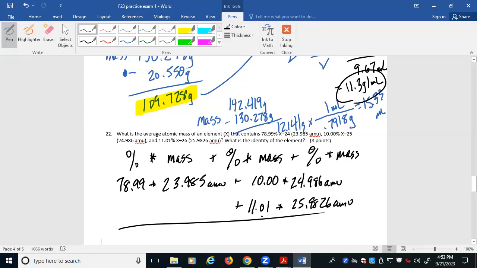When you do it this way, you're going to get an answer that doesn't make any sense. You're going to get a molar mass that is in the thousands. And obviously molar masses aren't in the thousands.